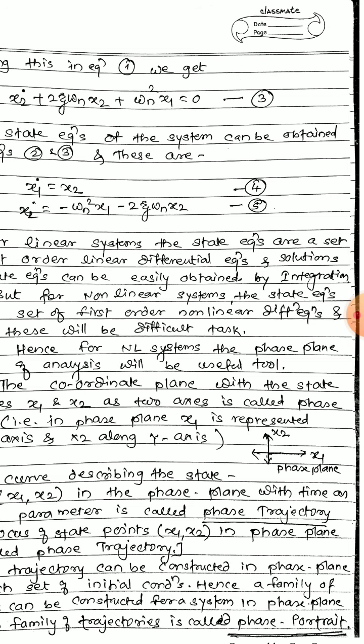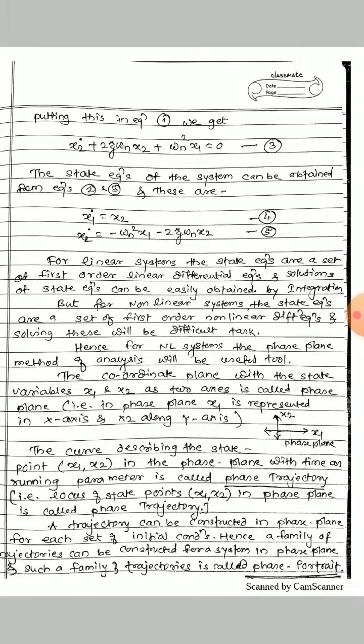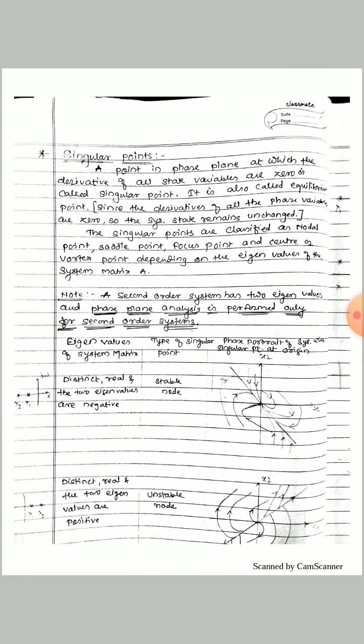A trajectory can be constructed in phase plane for each set of initial conditions. Hence, a family of trajectories can be constructed for a system in phase plane, and such a family of trajectories is called as phase portrait.